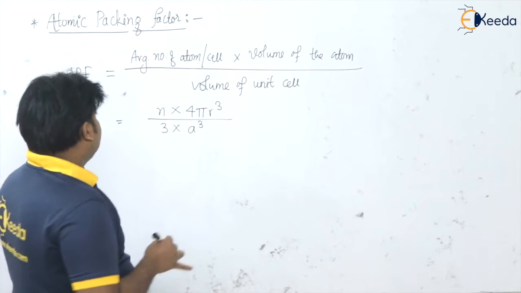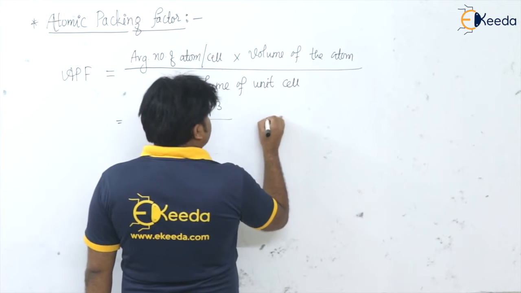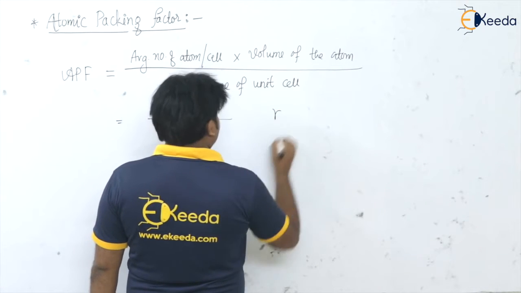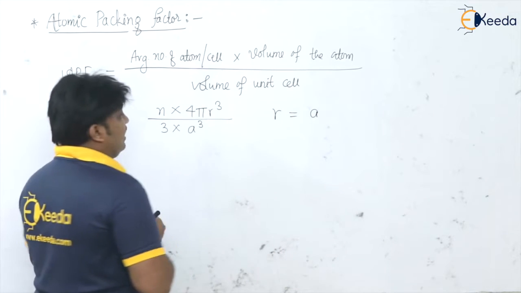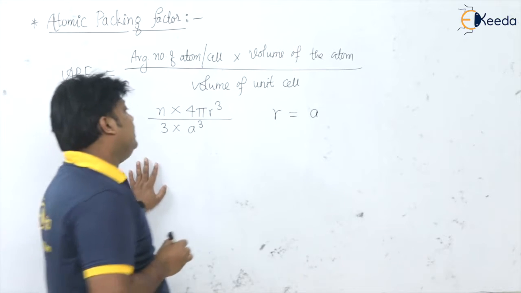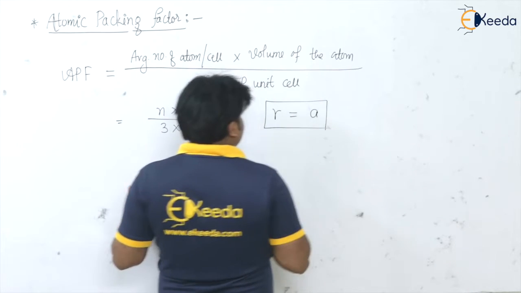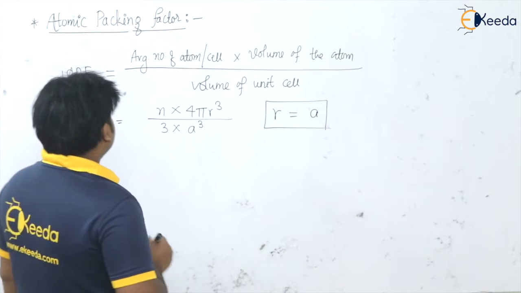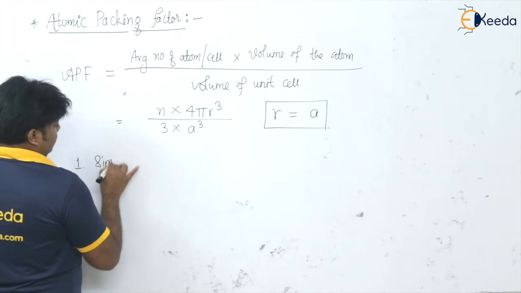Now see, to get this value it is very important to have the relation between the atomic radius r and the cube side A, relation between r and A, isn't it? Now let us take the first structure, that is the simple cubic structure.